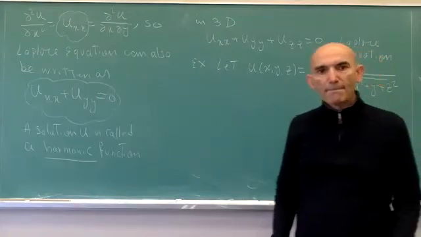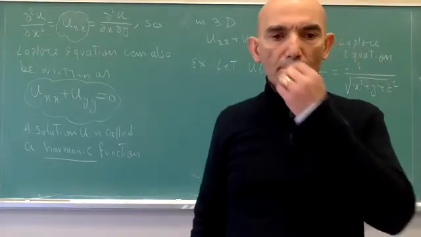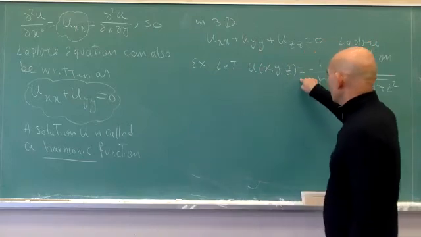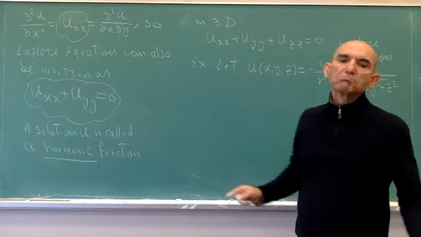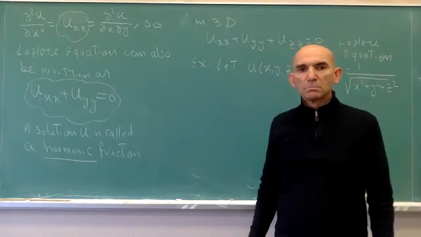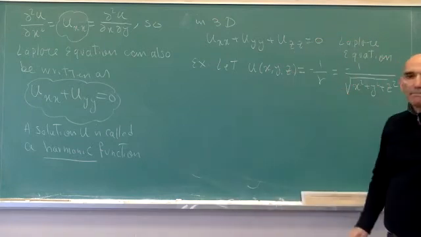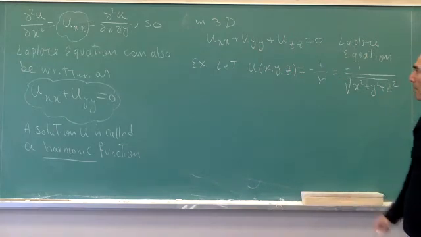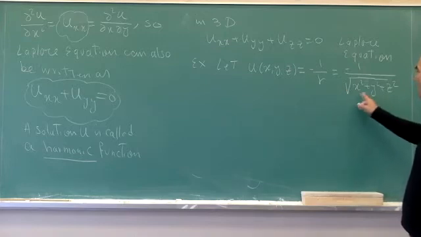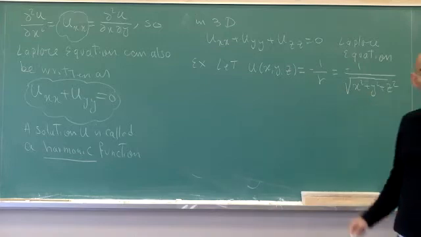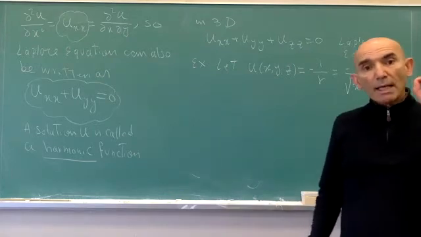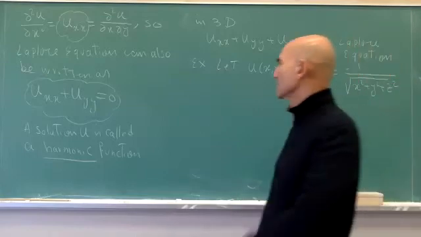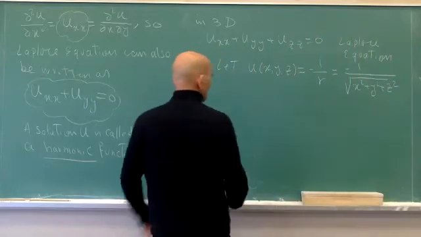Okay, so this function, can you tell me what's the domain of this function? Obviously, this function is defined everywhere except at the origin, right? So the domain is everywhere except at the origin. It's not defined at the origin, right? So the origin is excluded.